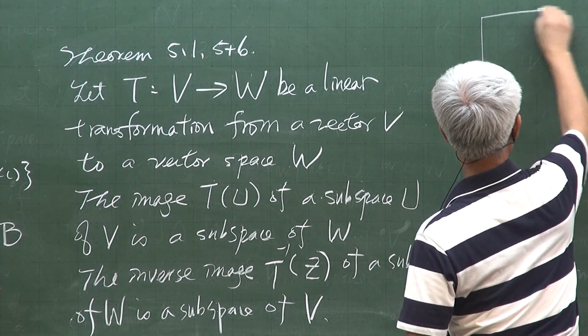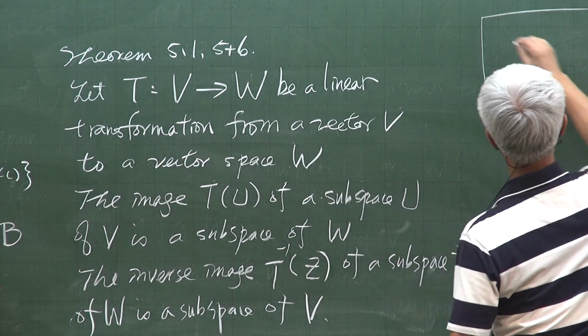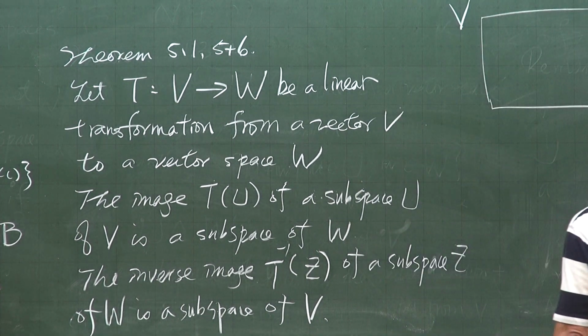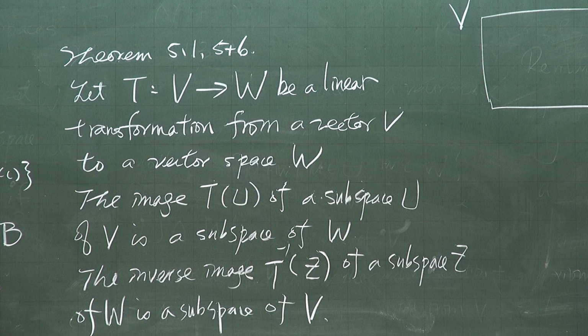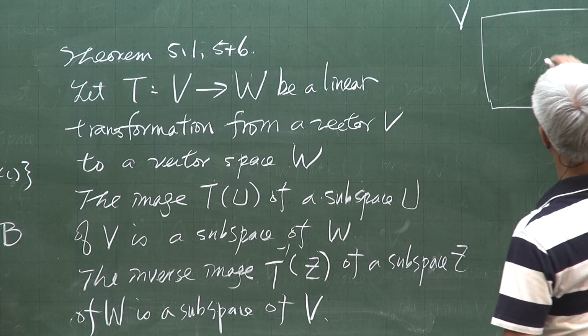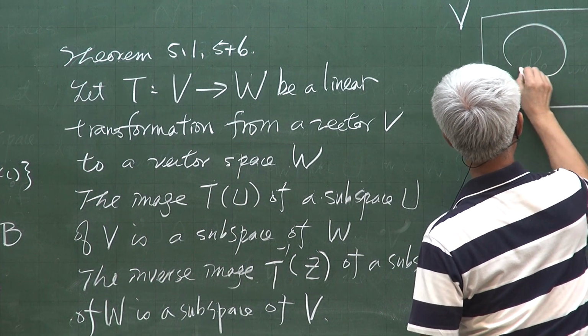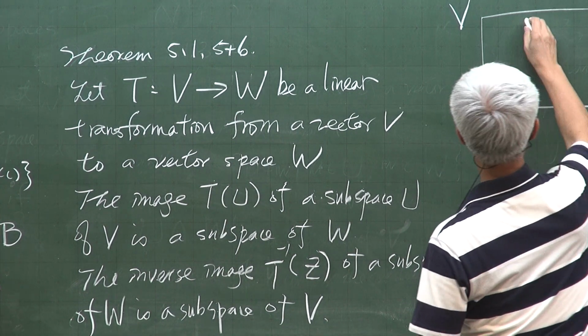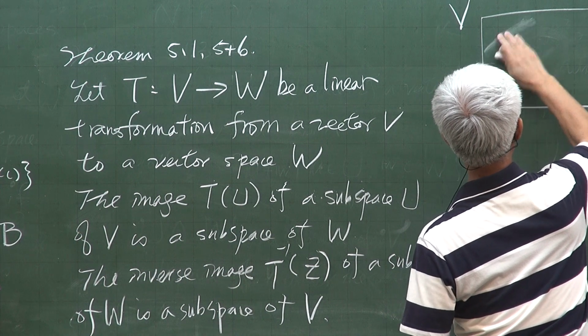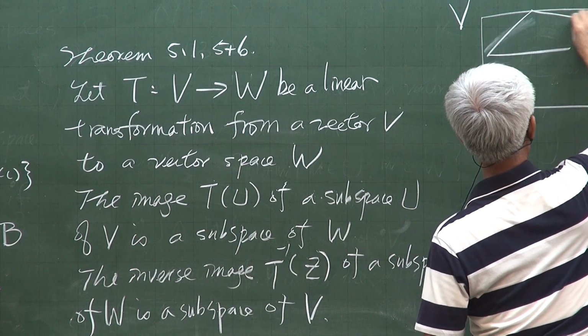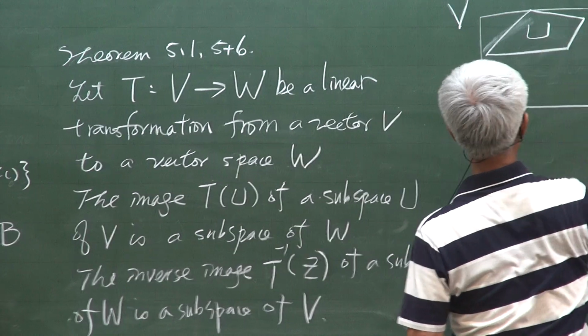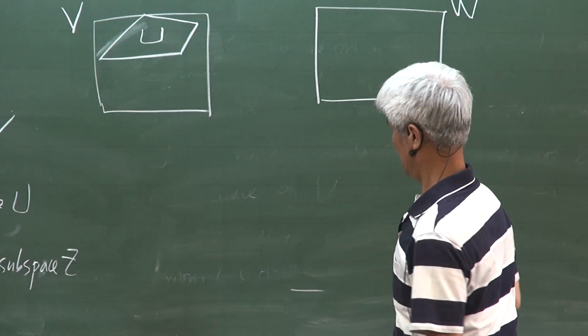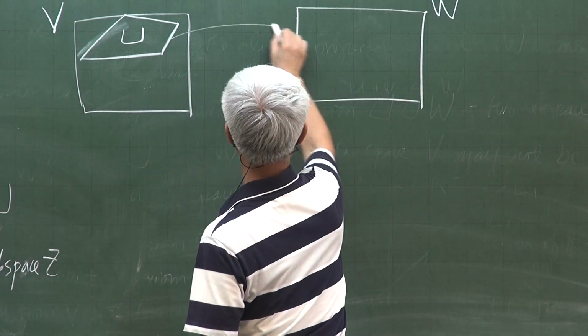So we have this is V, this is W. Given a subset U here, now we map to here.